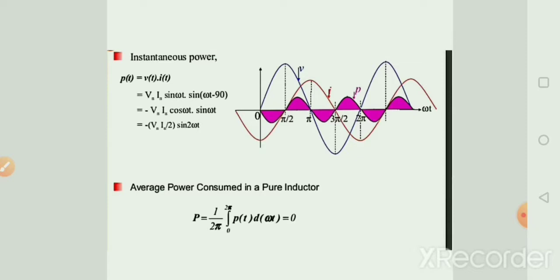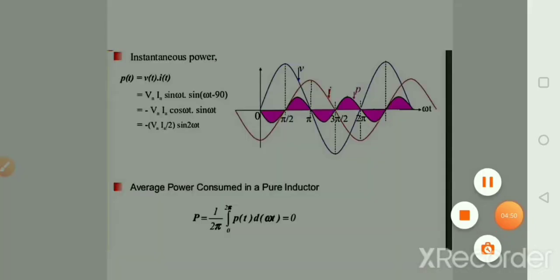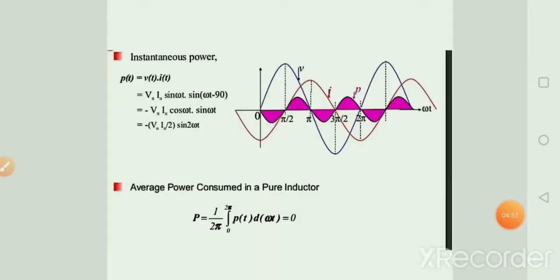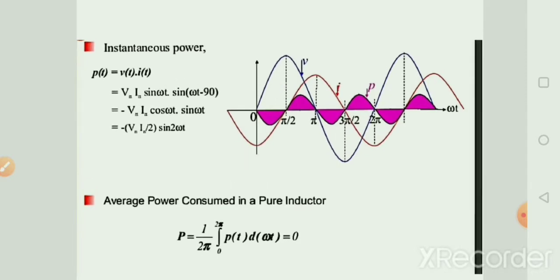Instantaneous power. If we see the instantaneous power diagram for this circuit, power is given by P equal to V into I, and we put here V equal to Vm sin omega t and I equal to Im sin(omega t minus 90). If we calculate this, we get the power as minus Vm Im upon 2 into sin omega t.